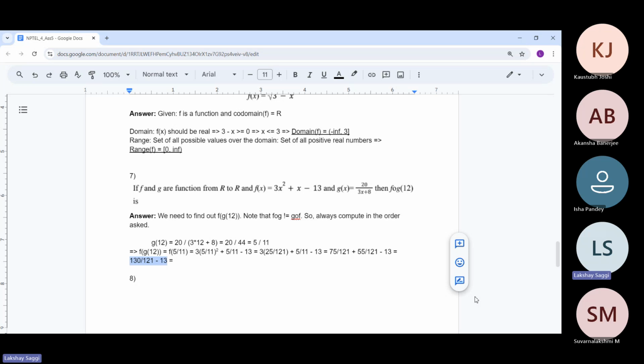So it will be something like minus 1443 by 120. So something like this. So this will be our answer here. So this will be the value f of g of y.